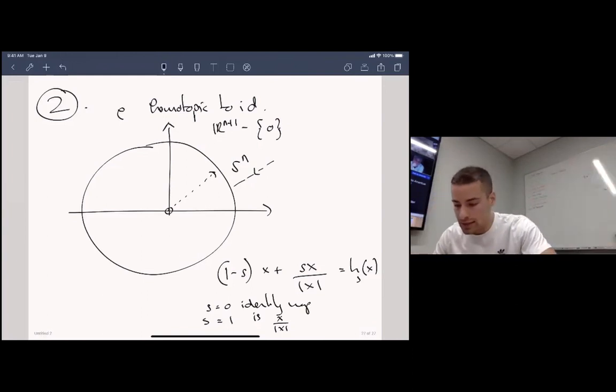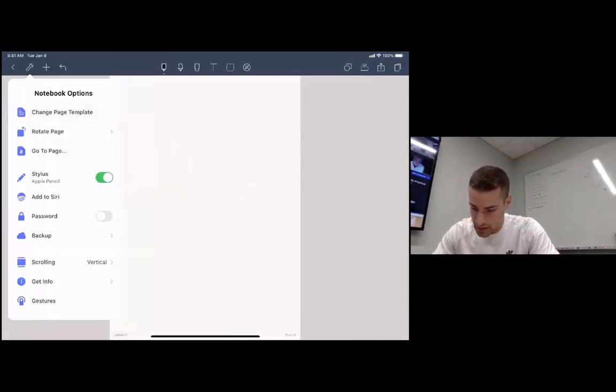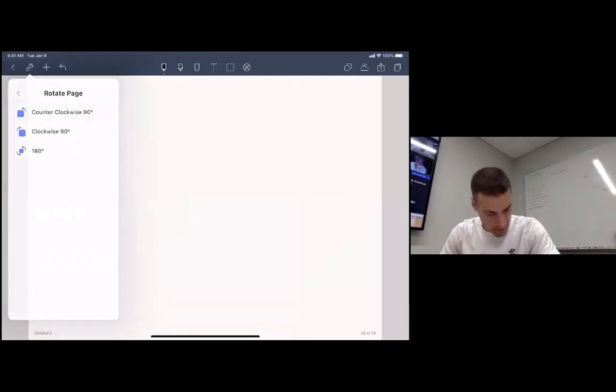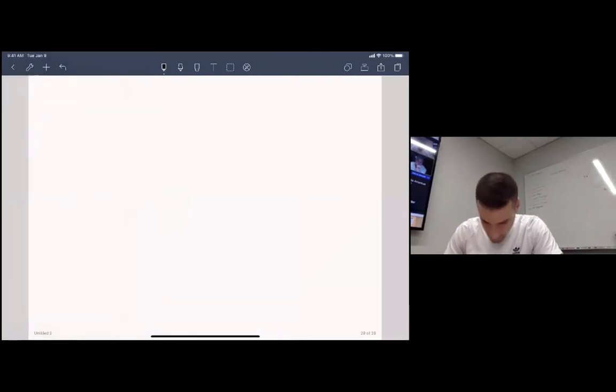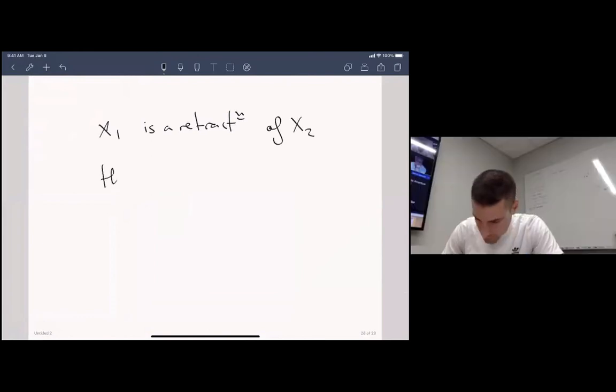And what that means is that if X1 is a retraction of X2, then X1 and X2 are homotopy equivalent.